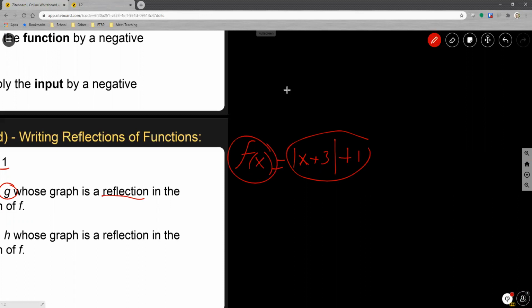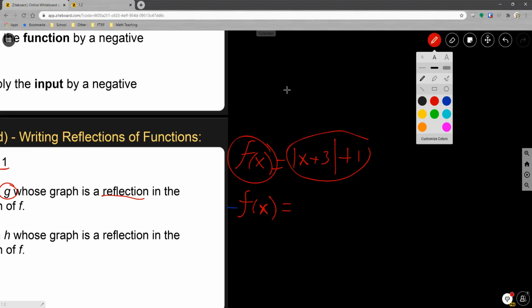If I'm going to reflect it vertically, that means I'm going to stick a negative sign out in front of my original function. So I get f of x with a negative sign in front. Well, I can do the same thing on the right side of the equation. I have to put a negative sign in front of the whole function, though.